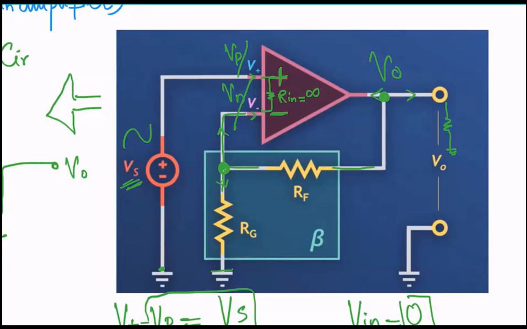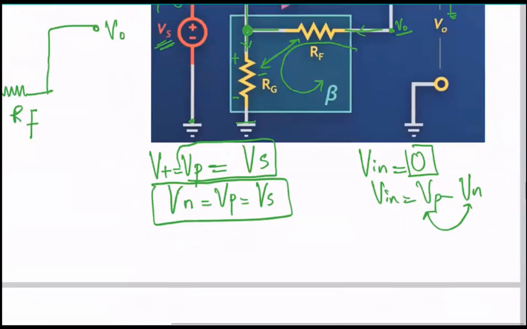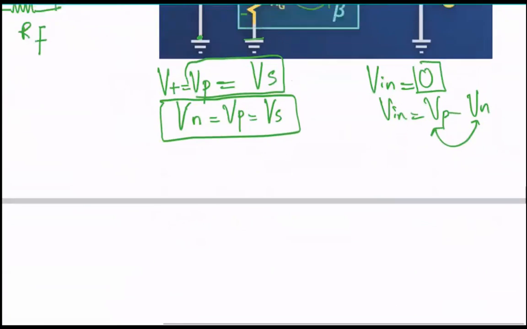So here you have V naught. This goes over here. If I am able to find the voltage across RG, then I can find the voltage at this node. Because this makes a series circuit, if I apply a voltage divider, V naught times RG divided by the total resistance, which is the sum of these two, that would give me the value for Vn, correct? So let's do that.